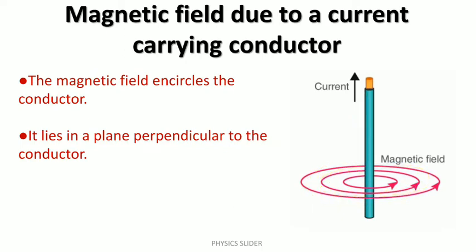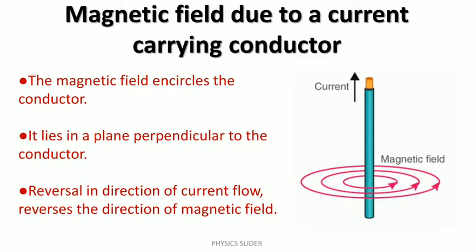Now what happens if we change the direction of the current? How does it affect? Watch here. Reversal in direction of current flow reverses the direction of magnetic field. Means if we reverse the direction of current flow, it will reverse the direction of magnetic field. This is the direction of the current, and this is the direction of magnetic field.